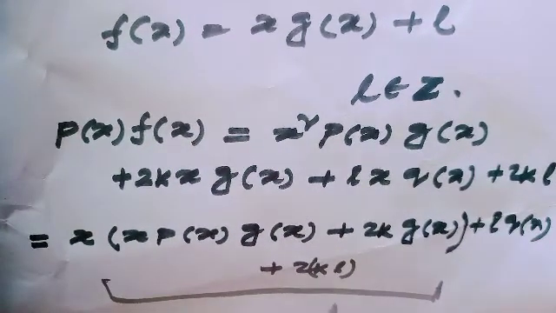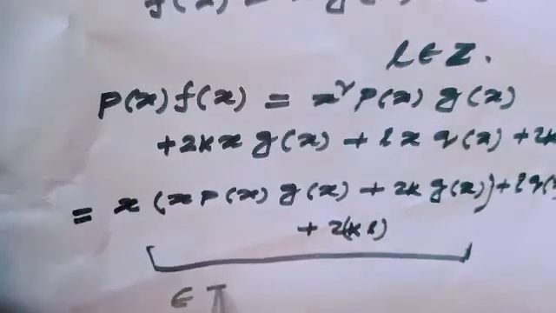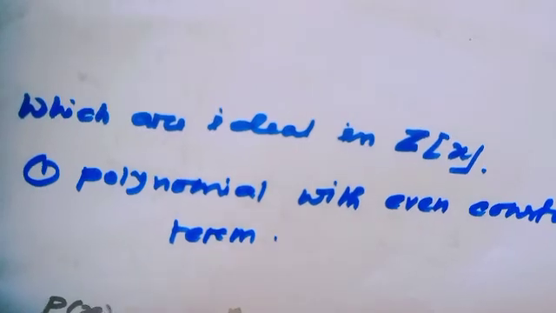So p(x) times f(x) belongs to the ideal. That means our proof is done: polynomials with even constant term form an ideal in Z[x].